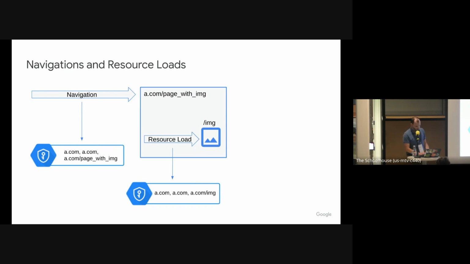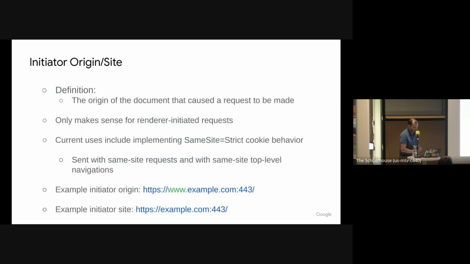And then the last concept I wanted to mention is the concept of an initiator. The initiator is usually an origin, and it's the origin of the document that caused a request to be made. It only makes sense for render-initiated navigations because it's associated with a loaded document or page. Browser-initiated navigations don't have an initiator.